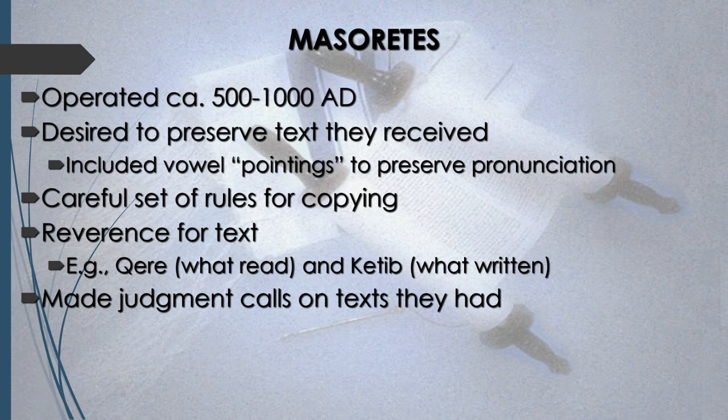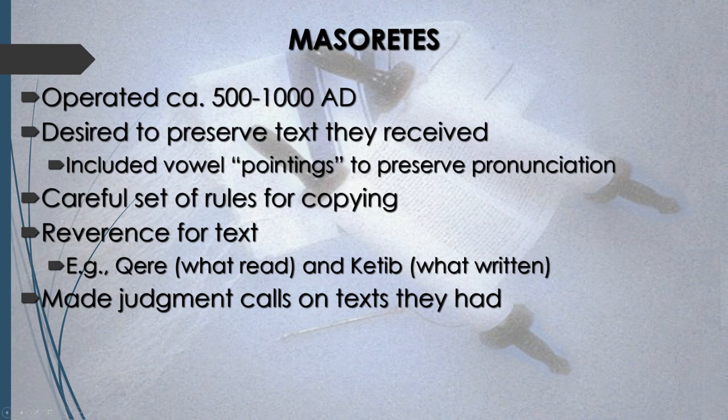So the Nazarites say this is a problem. We need to preserve the way this text is to be read. So they said we need to add the vowels. And they did this via pointings, which are a series of dots and small dashes that go above, sometimes in, and under the letters to tell readers how to pronounce the text.